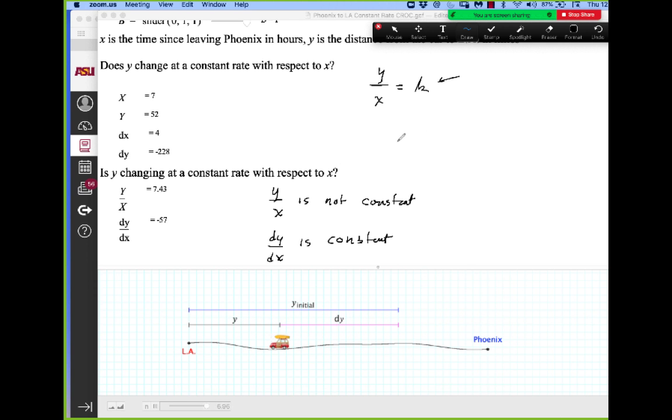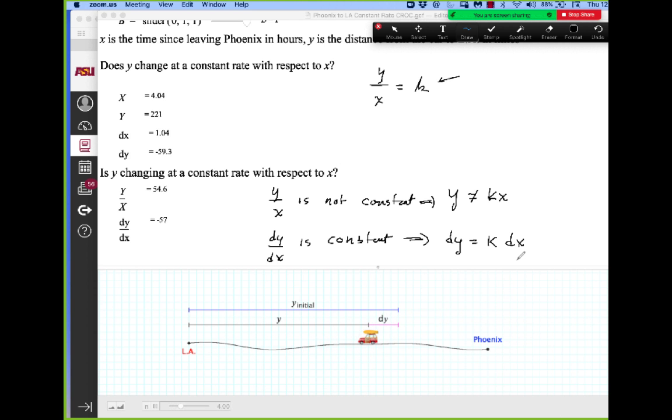So y does not equal kx, right? But what does this say? If dy over dx is constant, then it says that dy is equal to some constant times dx, right?